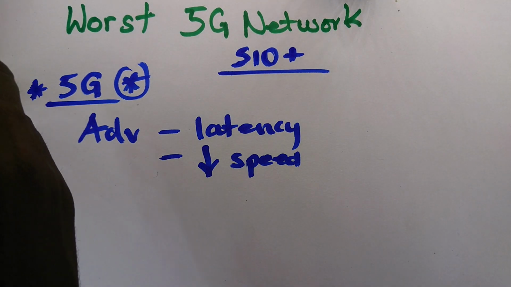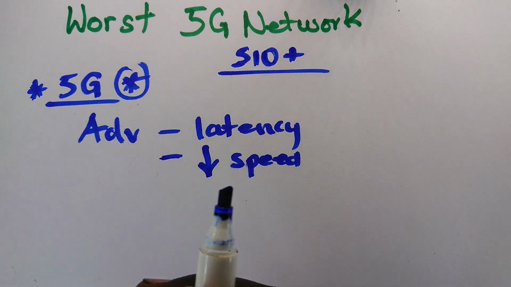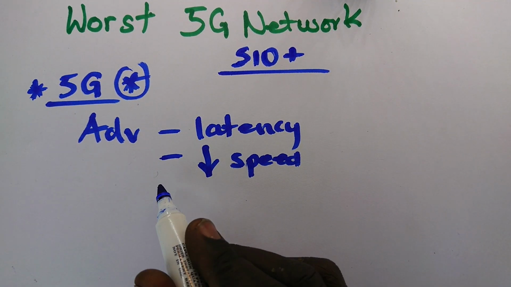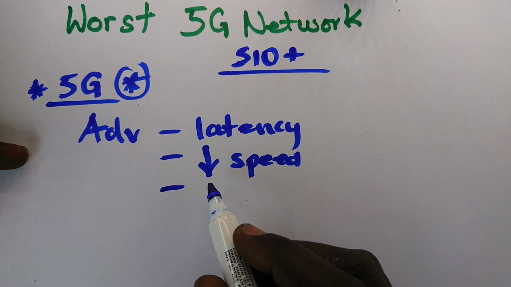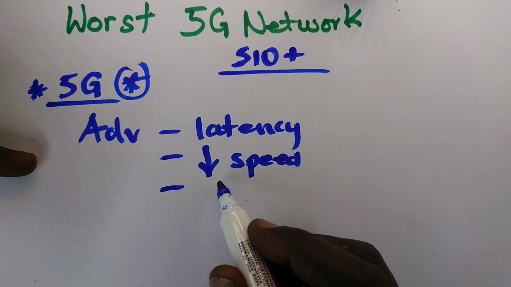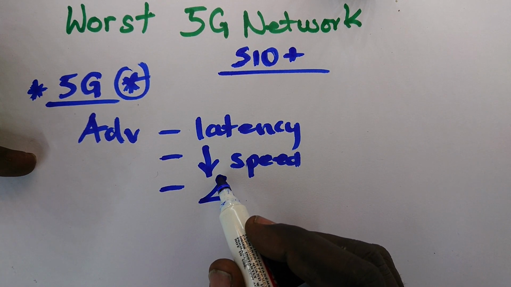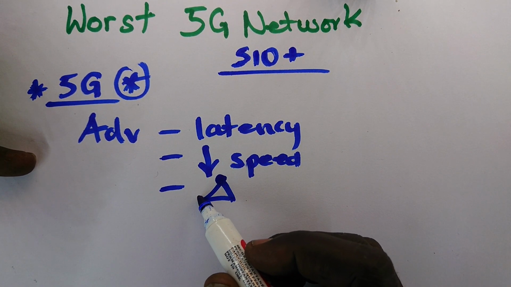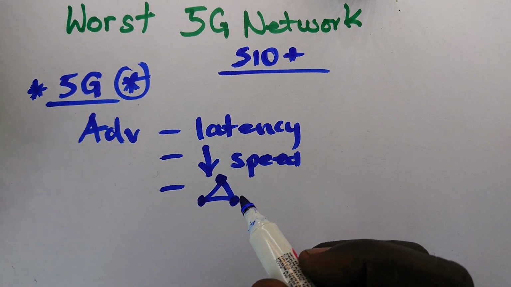And then the other thing we would look at, which is not much of a benefit to me, is that 5G has small cells. When you have a 5G antenna there, they tend to create a smaller cell.